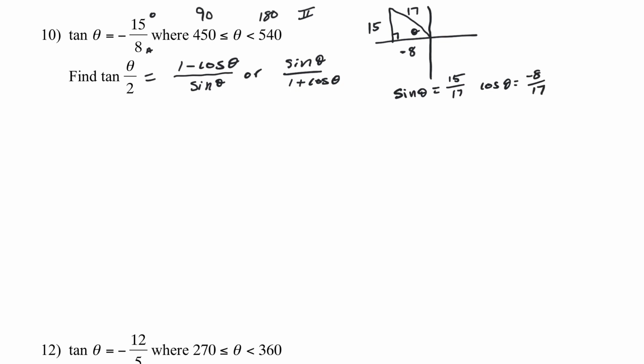Once I have those two numbers, the only thing I have to do is pick one of these. I tend to like the first one. I like to have a single denominator on top, but it's up to you. It doesn't really matter. I'm going to have 1 minus the cosine, which is going to be negative 8 over 17, divided by the 15 over 17.